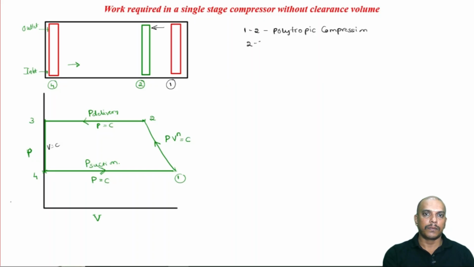Process 2 to 3 is constant pressure delivery. 3 to 4 is constant volume, just drawn to complete the cycle, whereas 4 to 1 is the constant pressure suction stroke.